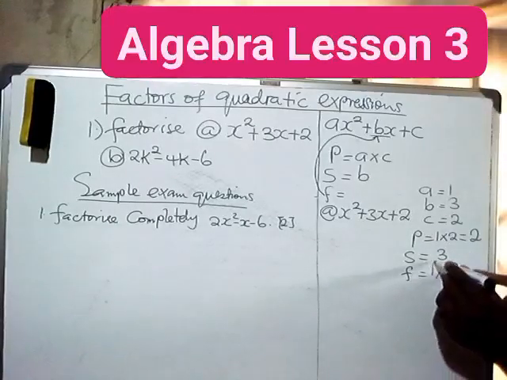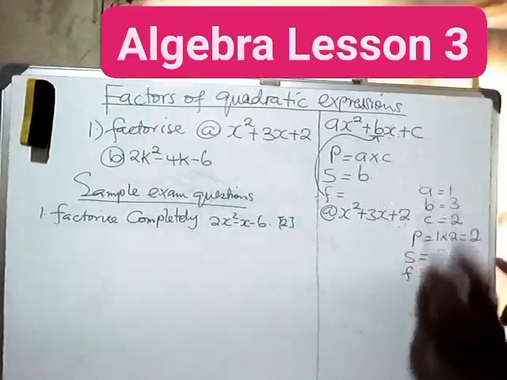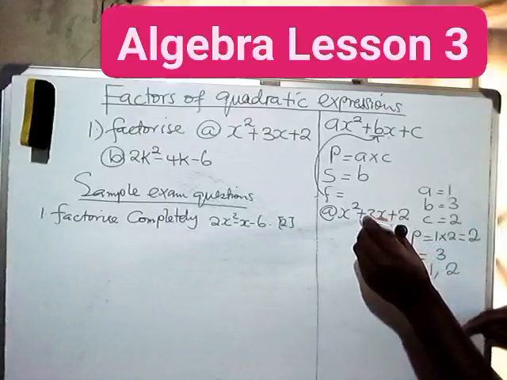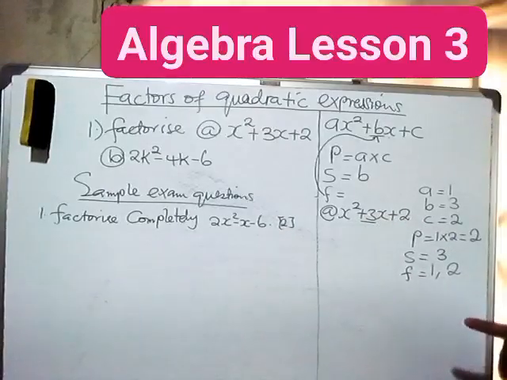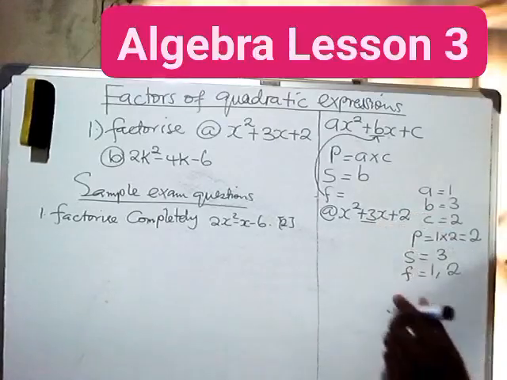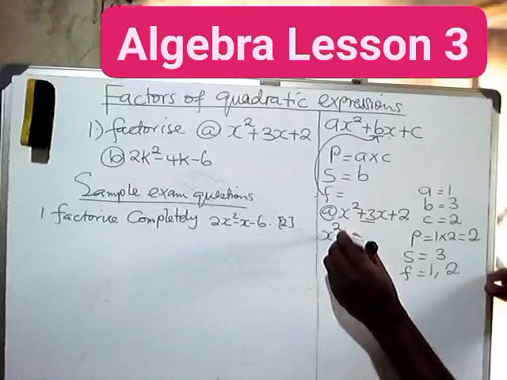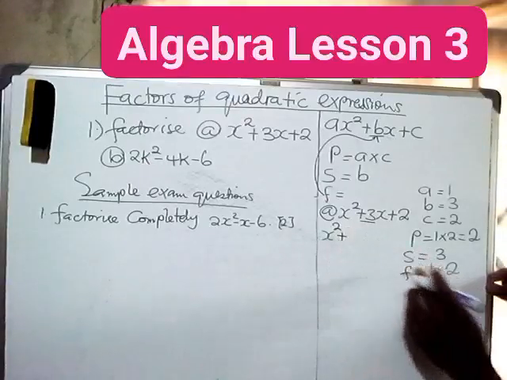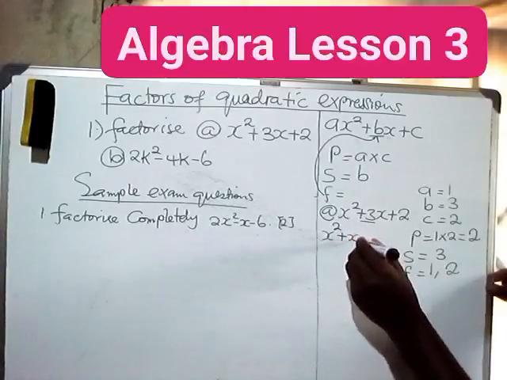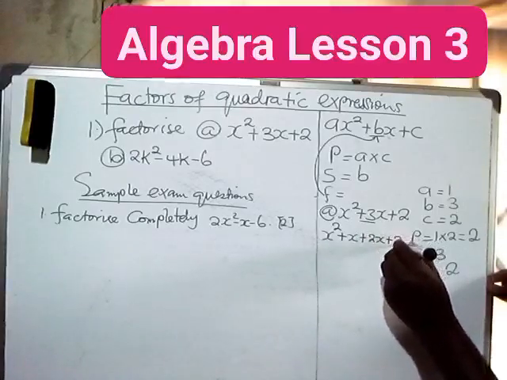Therefore, these factors will be replaced on the value of b, and they will carry the same variable. So I will say x squared plus 1x, then plus 2x plus 2.